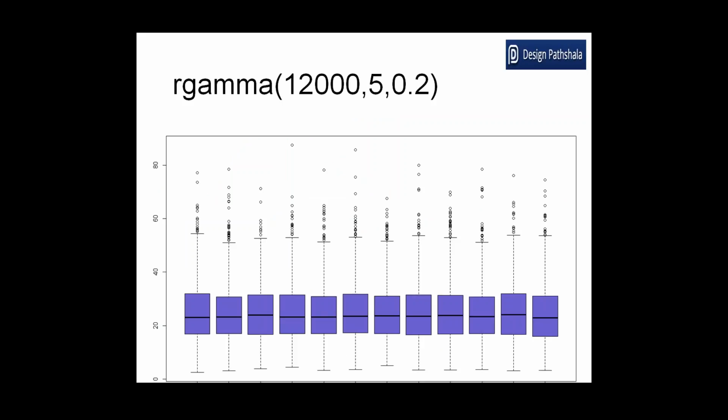Box plot is basically used for checking whether outliers are present in my data or not. And what are outliers? Outliers are basically the too maximum or too minimum values present in my data.